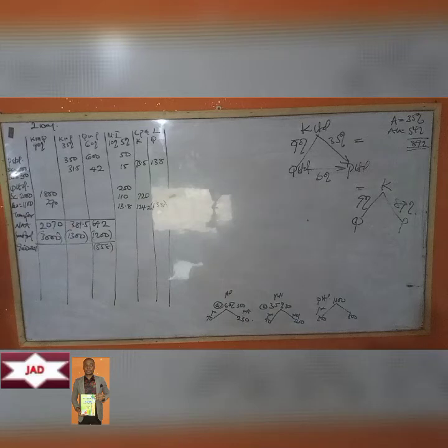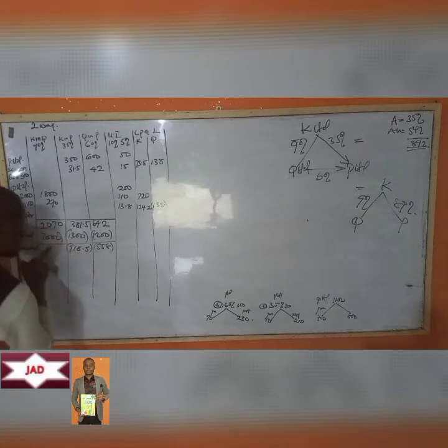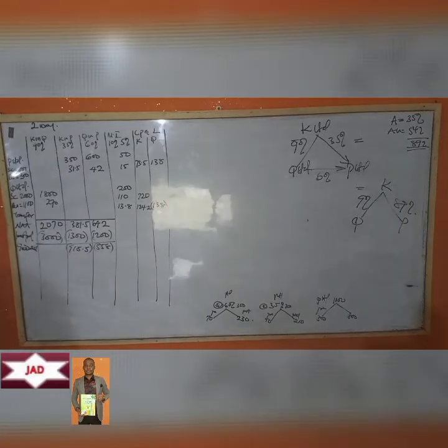This guy, 1,300 minus 381.5, 918.5. It is 3,000 minus 2,070. It is 930.